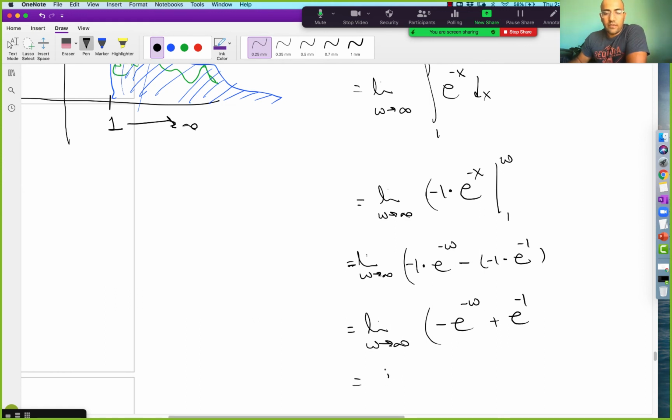This is just going to be 1 over e minus the limit as w goes to infinity of 1 over e to the w. And so this whole thing goes to 0. E to the w power as w goes to infinity is going to go off to positive infinity. 1 over that goes off to 0. So the whole thing just becomes 1 over e.